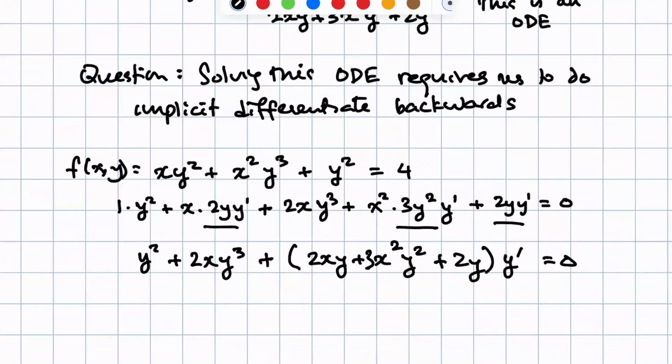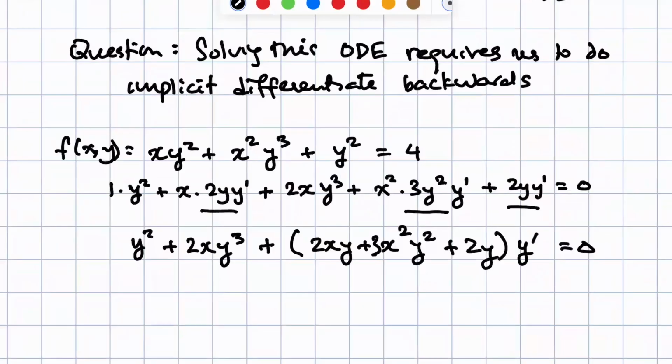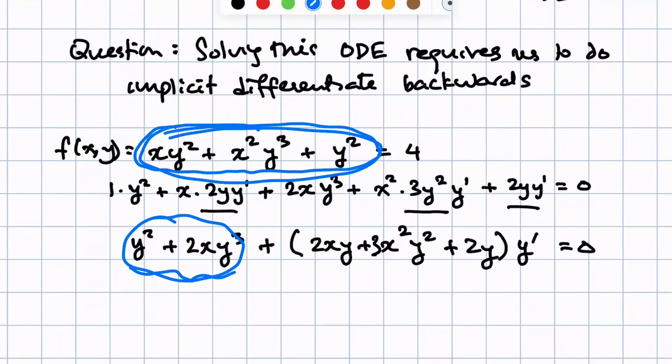Now, if you stare at this long enough, you'll realize that there's something really interesting happening here. Notice that this was my original f, and here is some term, and here's a term that's attached to the y prime. So I have these two terms right here. If you look carefully, you'll see that this guy is the partial derivative of f in x.